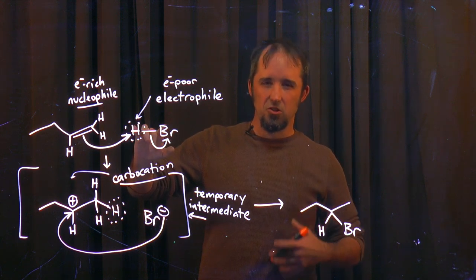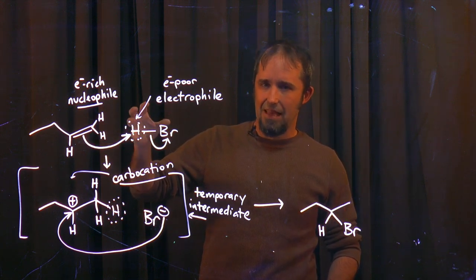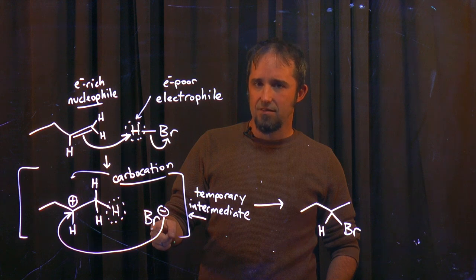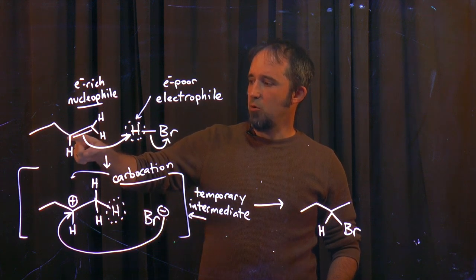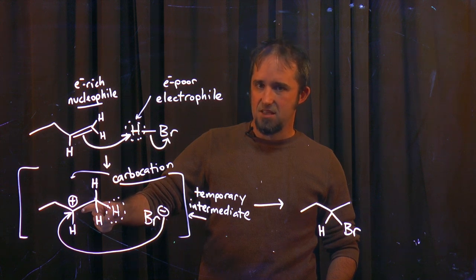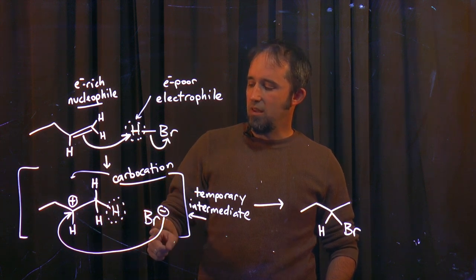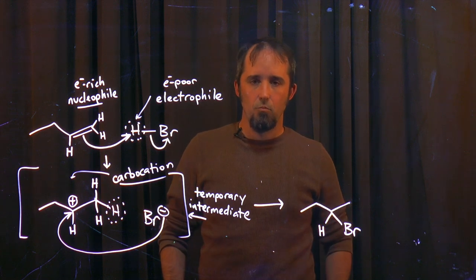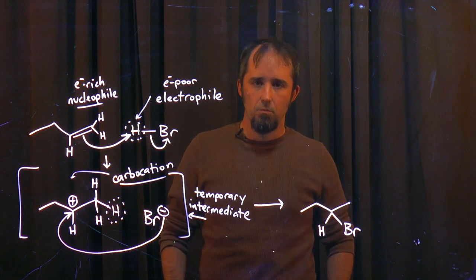We usually use martial language like that, unfortunately, the language of attack. I'm going to then break this HBr bond, end up with Br minus. And because electrons are pulling away from this carbon, it becomes a carbocation temporarily. The bromine then reacts with that carbocation to give me this product, 2-bromobutane.